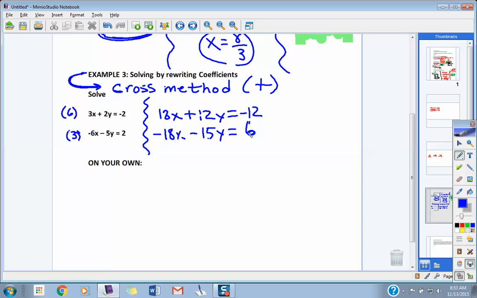All right, so take a look at this right here. Now, after rewriting this, don't you have 18x's? What do you notice right here? They are the opposite. The 18x's are the opposite. So adding or subtracting these two?